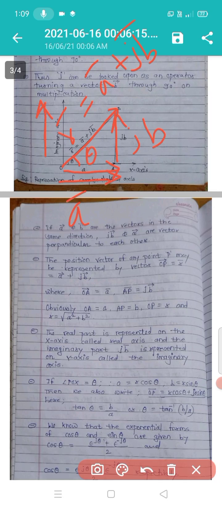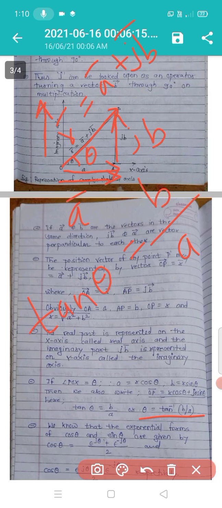Then we also write that OP bar is equal to r cos theta plus j r sin theta. Then from the figure we get tan theta is equal to b by a, or theta is equal to tan inverse of b by a.